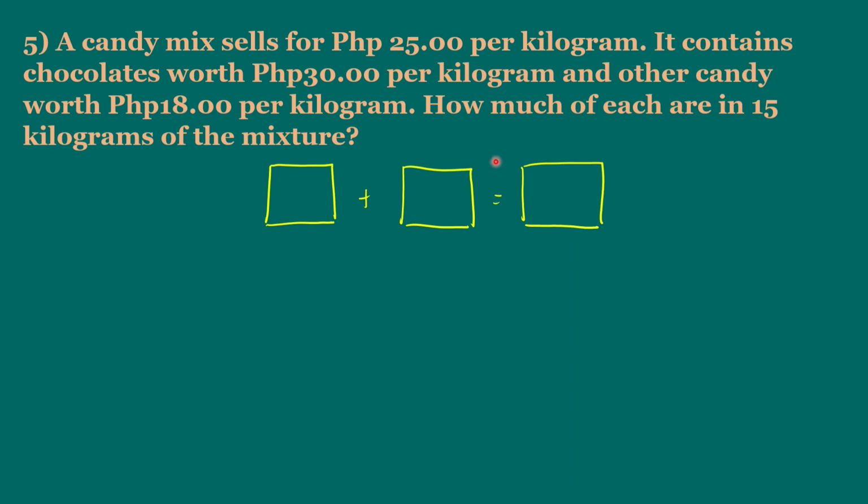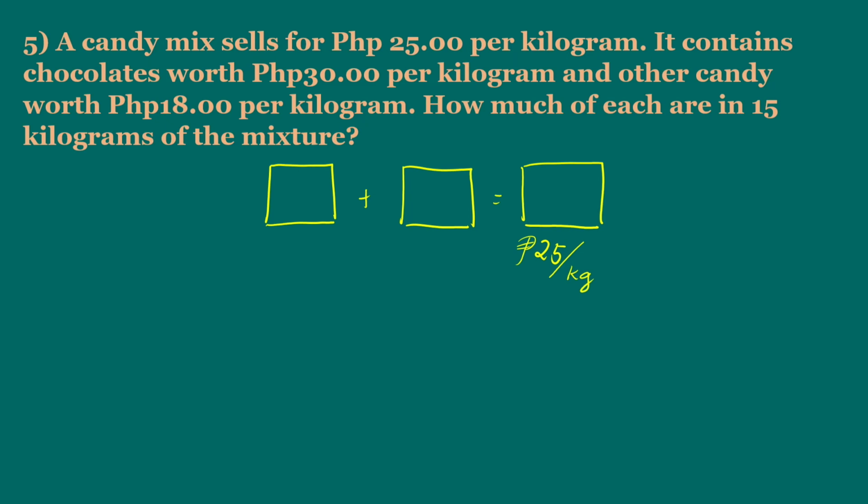Okay, let us analyze again the problem. A candy mix. So there's a mixture of candy that sells for 25 pesos per kilogram. So that means the final product is a mixture with 25 pesos per kilogram cost.